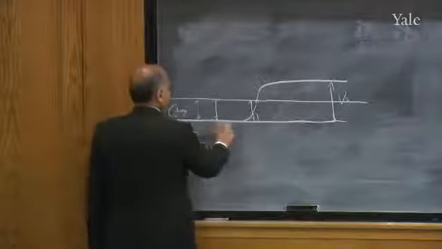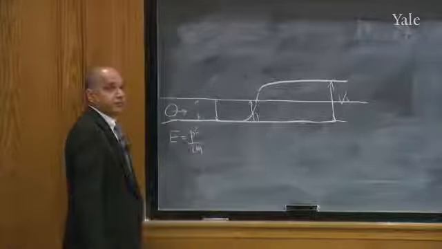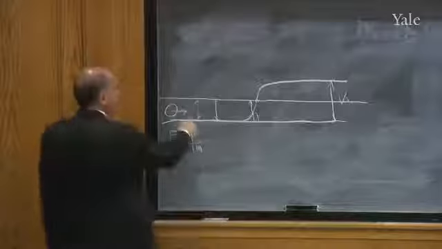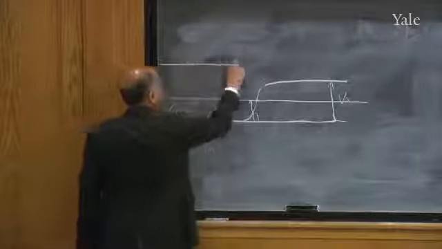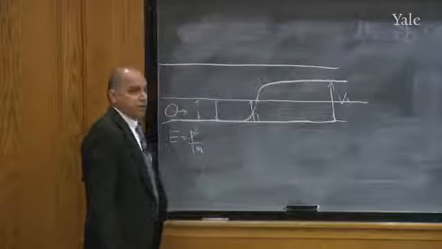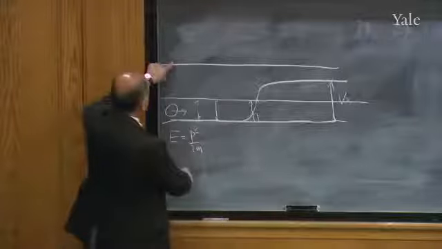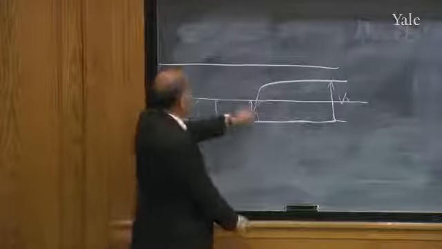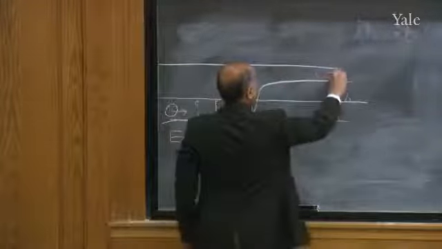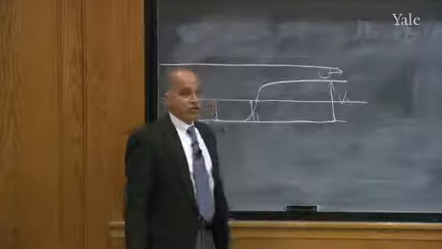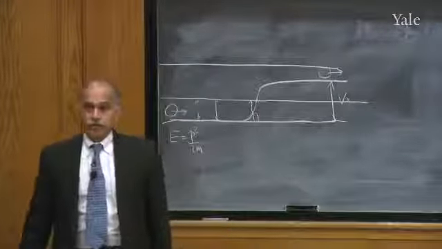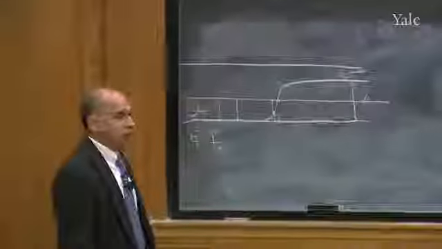So you'll climb that far, and you'll come back. But if your initial energy was that, then you will come here, going very fast, you will slow down, but you still make it on the other side, but with lower velocity.